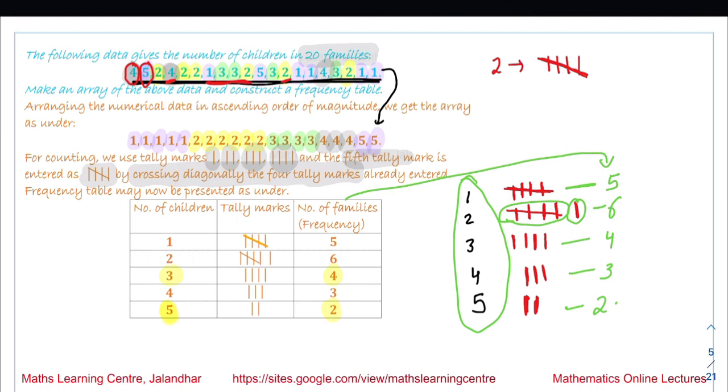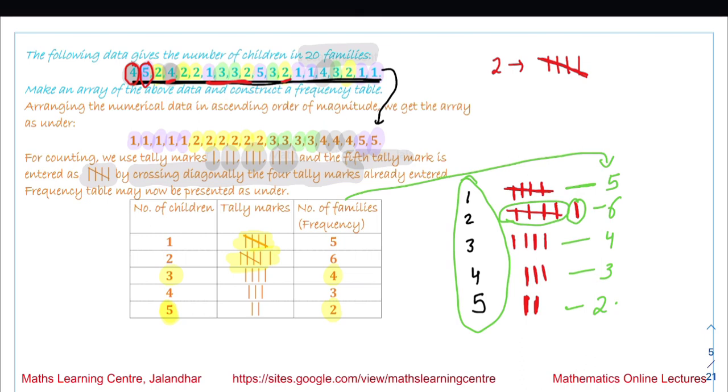So this is the presentation of data, and this is how the tally marks are marked. The important thing is that after the 5th tally mark, which we have done diagonally, the 6th, 7th, 8th, 9th will follow.